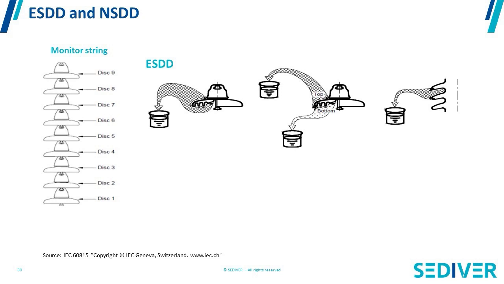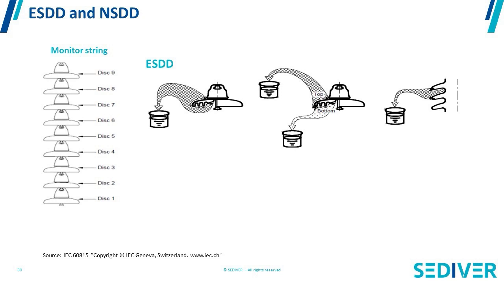So what is this beast? When you have dirt on an insulator, you take water and you wash your insulator. What you're going to measure is the difference of electric conductivity of the water before and after cleaning.